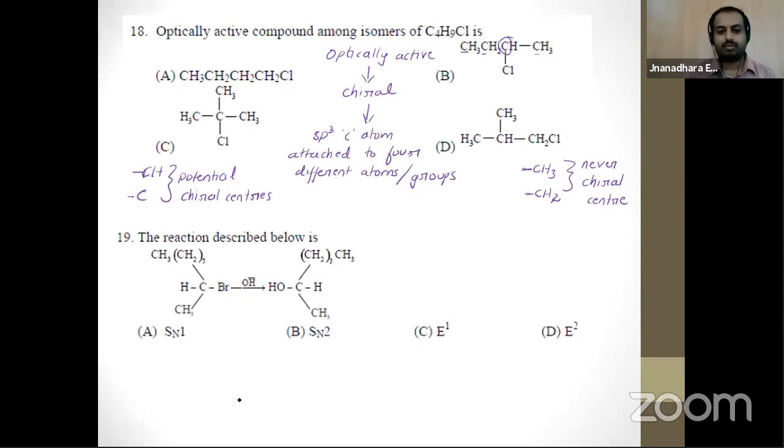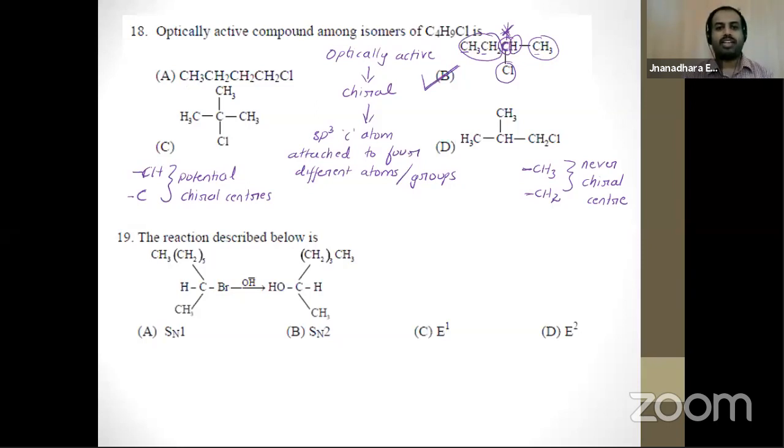This carbon is attached to a methyl group on one side, chlorine atom on the other side, hydrogen atom, and then ethyl group. Methyl, ethyl, hydrogen, chlorine, all 4 are different. Hence, yes, this is a chiral center. Chiral center is usually indicated by an asterisk mark. Therefore, all of you are right. It's option B. No doubt. That was question number 18.